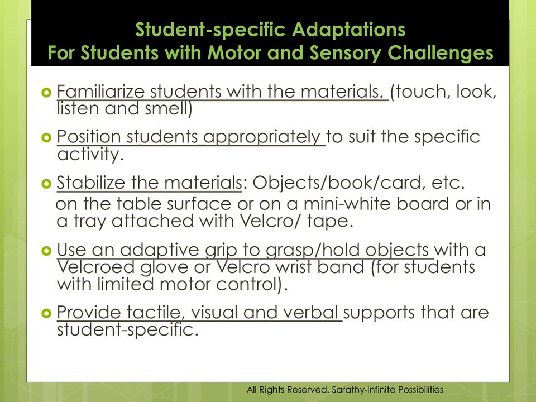Or you can use a Velcroed wristband, which will serve the same purpose, and these are things you can use for someone with limited motor control. And as much as possible, provide tactile, visual, and verbal supports, all in combination, in order to increase concept understanding as well as to get that touch and feel and the multisensory.